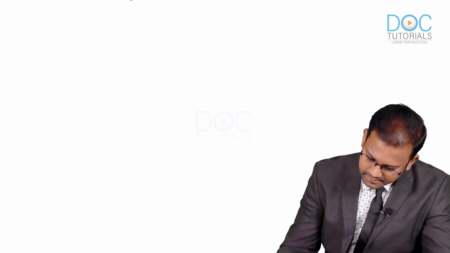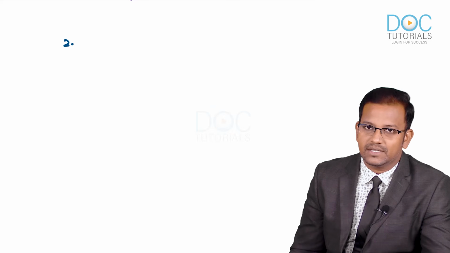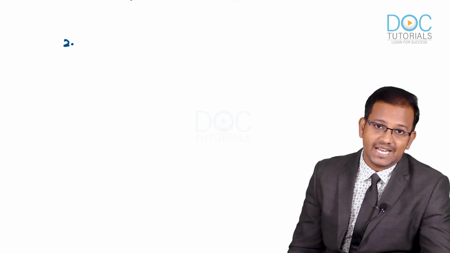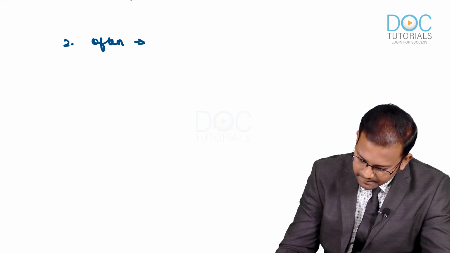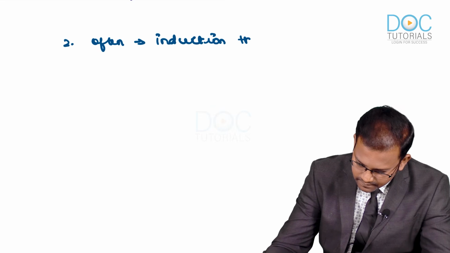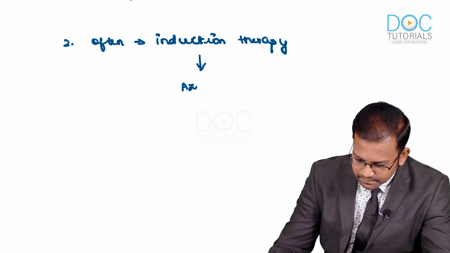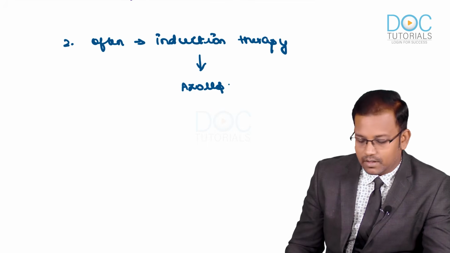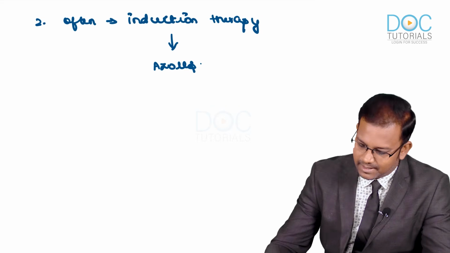The next important point, this drug is not usually used as an initial therapy. It is commonly used as an induction therapy, followed by azoles. Why? Because it decreases the fungal burden immediately.